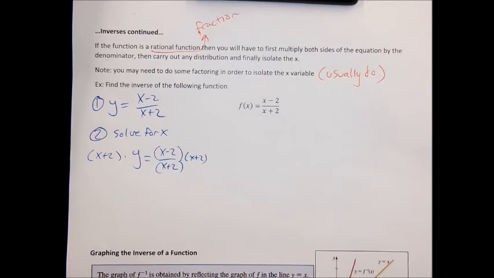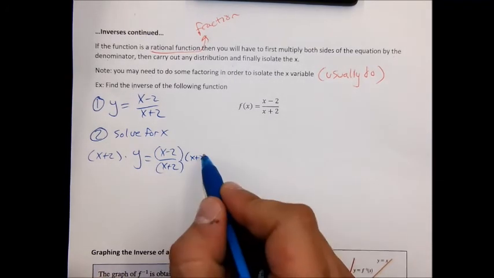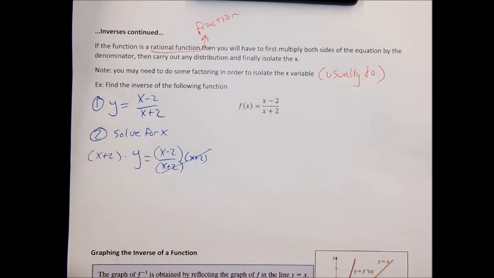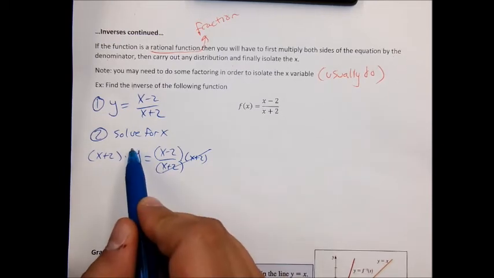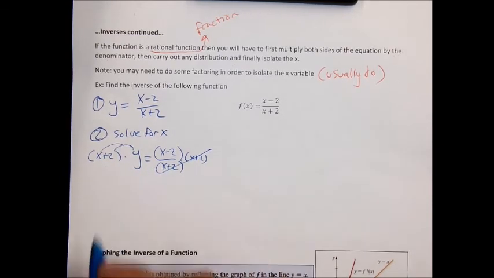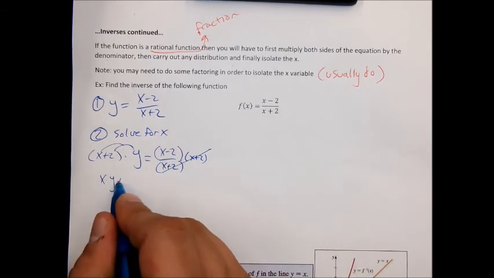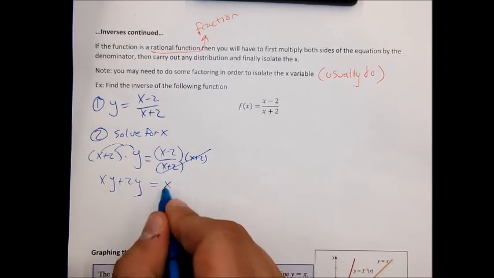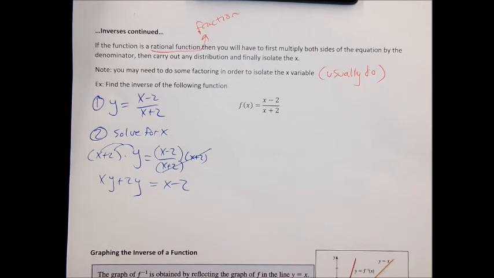The whole point of doing that is so we can cancel out the denominator. The x plus 2's cancel. And so we don't have a fraction anymore, that's good. And then we distribute the y. And so we'll get xy plus 2y equals x minus 2. And now this is where my factoring note comes in. We need to get the x's on the same side, and then we factor.